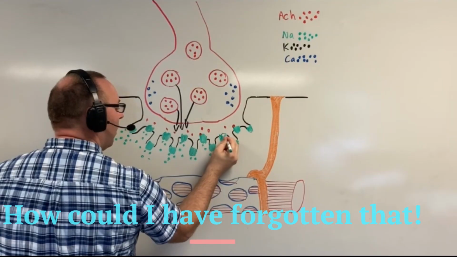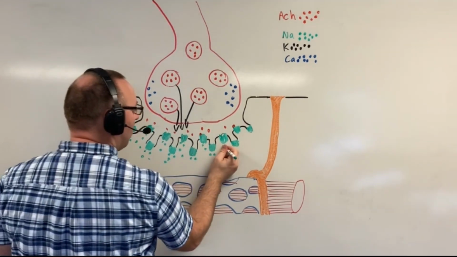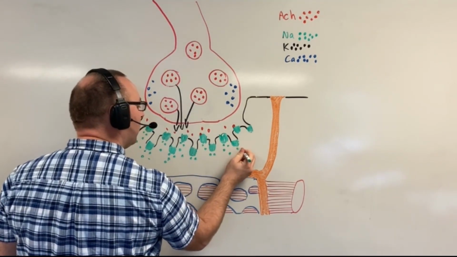Uh-oh, it looks like I forgot to draw an acetylcholine receptor. All right, but sodium is entering this muscle cell.